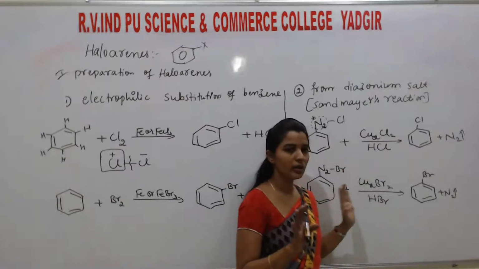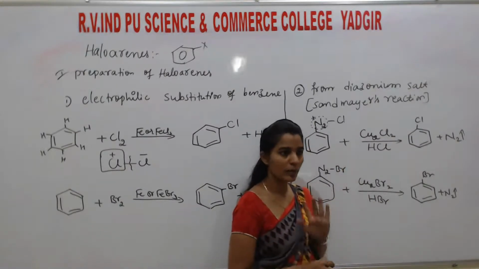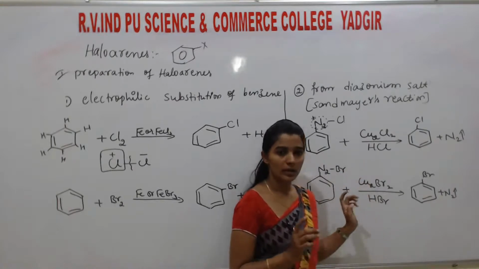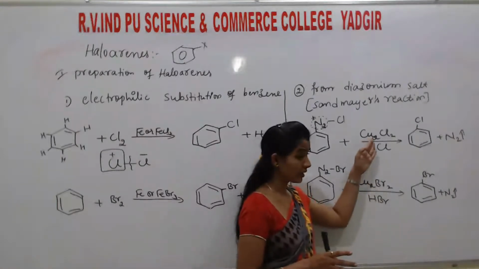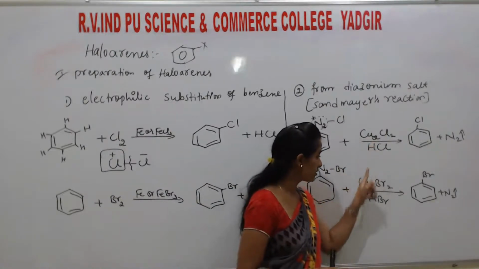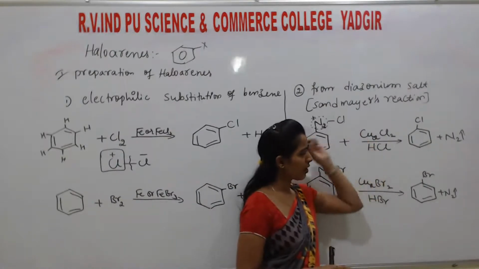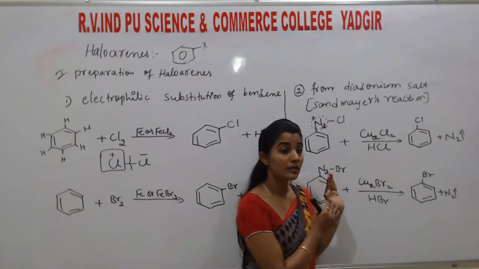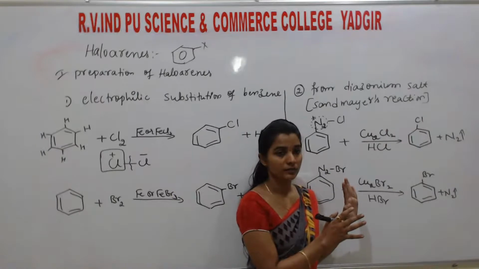And fluorine and iodine are good oxidizing and reducing agents. Remember that much. Fluorine is an oxidizing agent, iodine is a reducing agent. So due to that nature, these are unstable, fluorine and iodine, with respect to this. Understand? That's why in haloarenes we always say chloro, bromo, chloro, bromo.